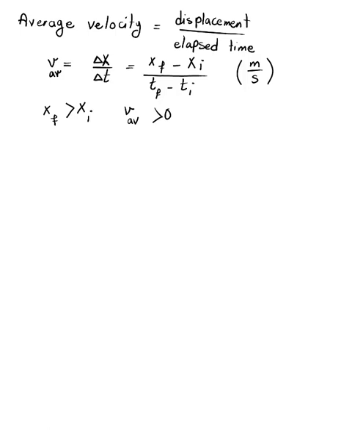On the other hand, if an object moves in the negative direction, then x final is less than x initial, and the average velocity is negative.